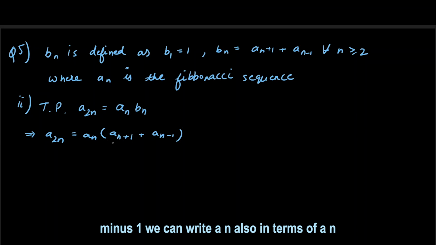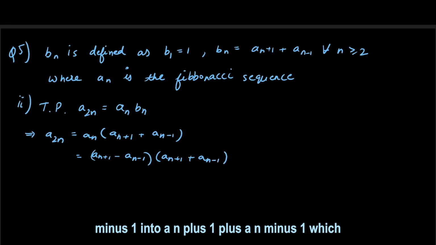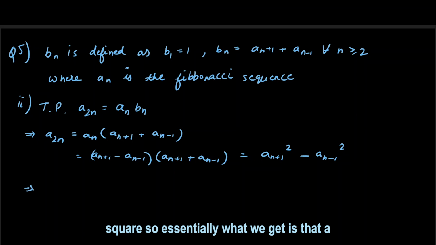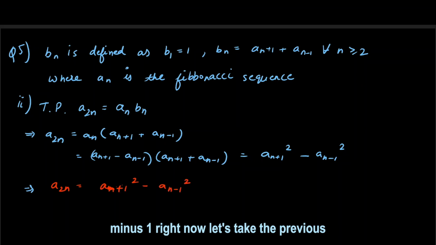We can write An also in terms of An plus 1 and An minus 1 as An plus 1 minus An minus 1 into An plus 1 plus An minus 1, which is equal to An plus 1 squared minus An minus 1 squared. So essentially what we get is that A2n is equal to An plus 1 squared minus An minus 1 squared, right?